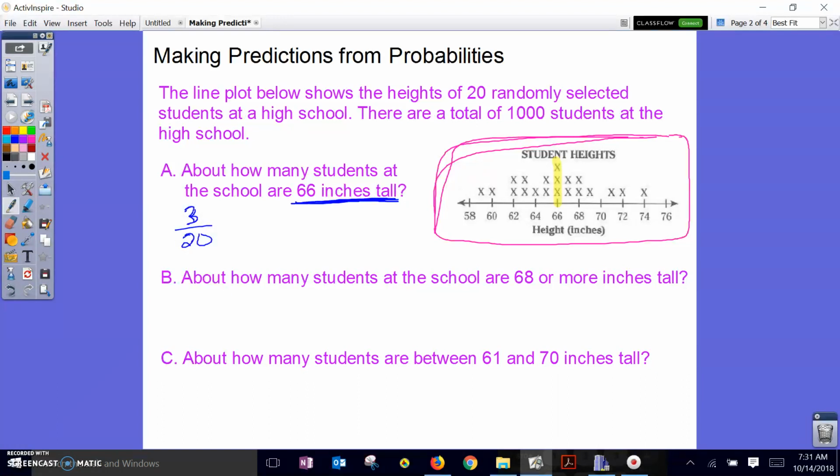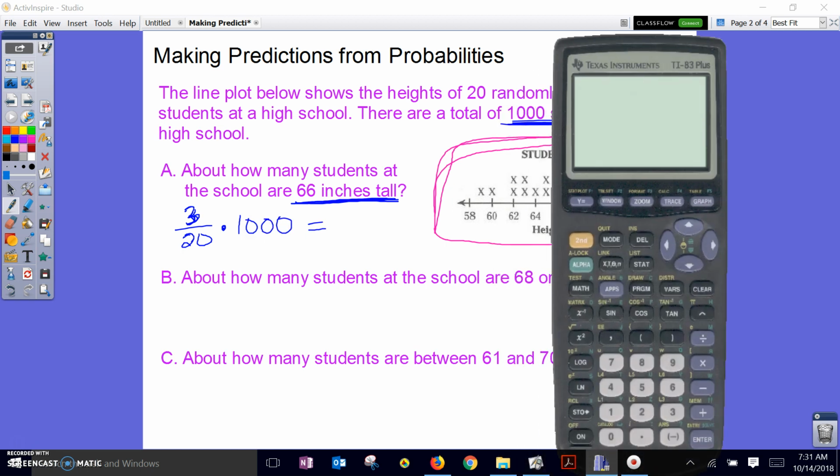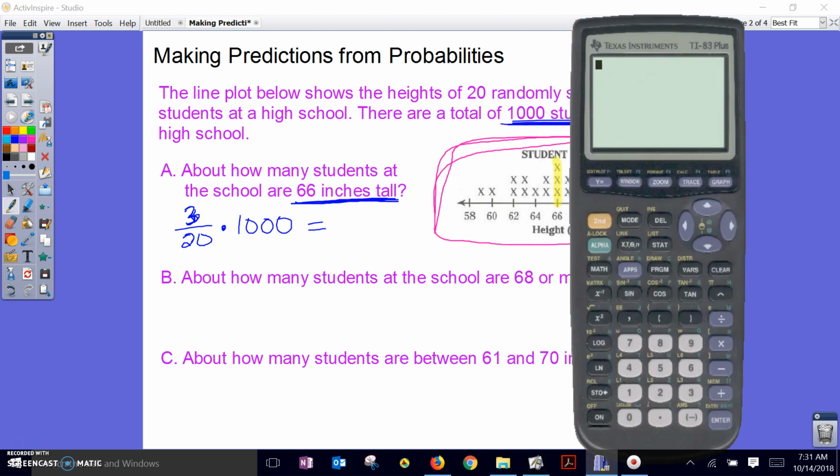So that's our probability. Now we want to apply that to the total population at the school. Well, we're told here there are a total of 1,000 students at the school. So we're going to take that 3 over 20, and we're going to multiply it by the 1,000 students. And that's going to be our prediction for how many students at the school are that height.